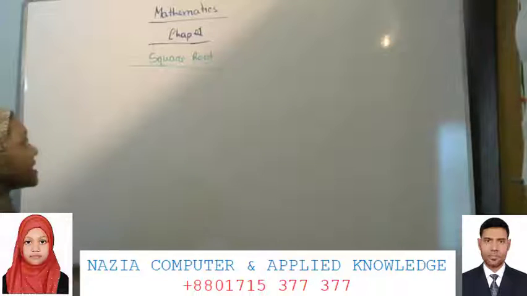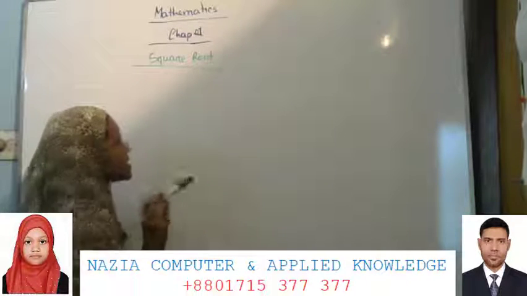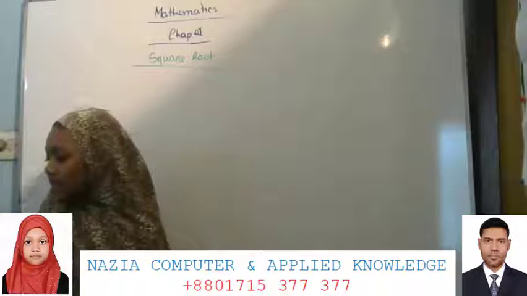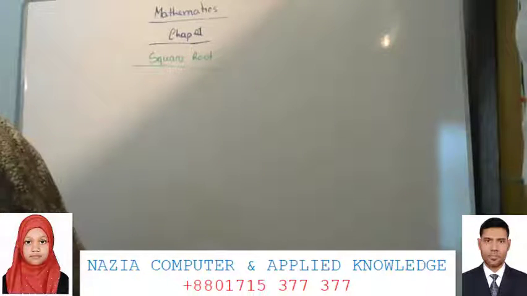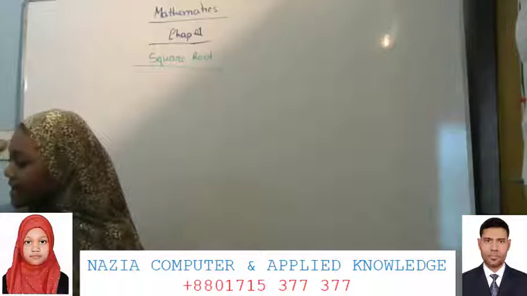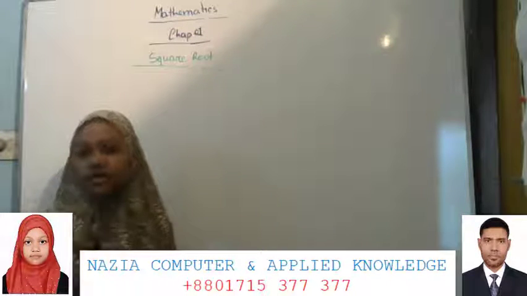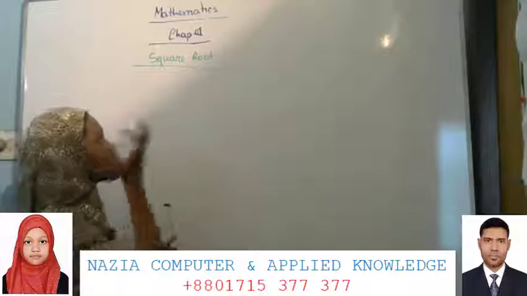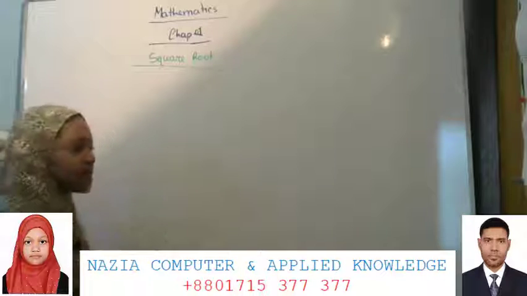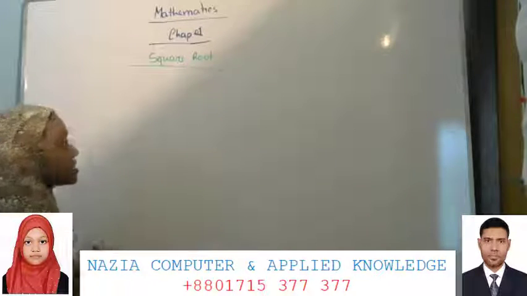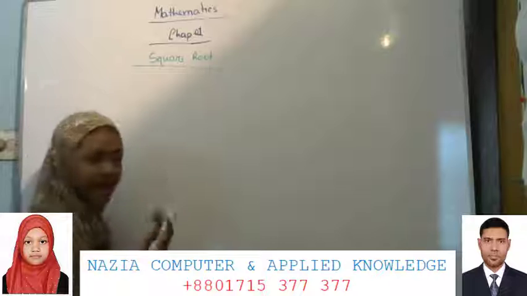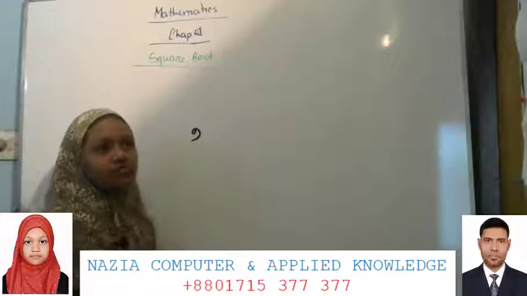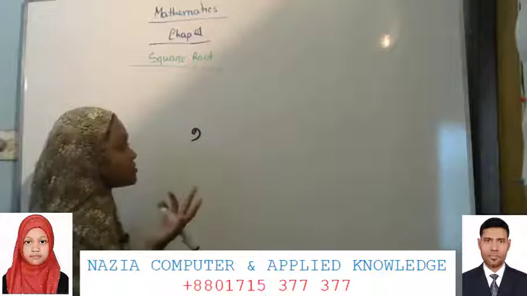After that, the term comes finding the square root. So there are two methods basically. In the book they have finding square root by prime factorization. So we already know what is prime factorization and square root. Let's talk about the 9. We know that 3 3s are 9.